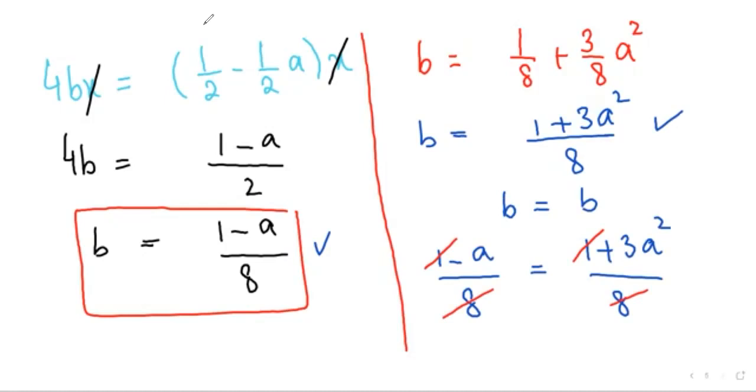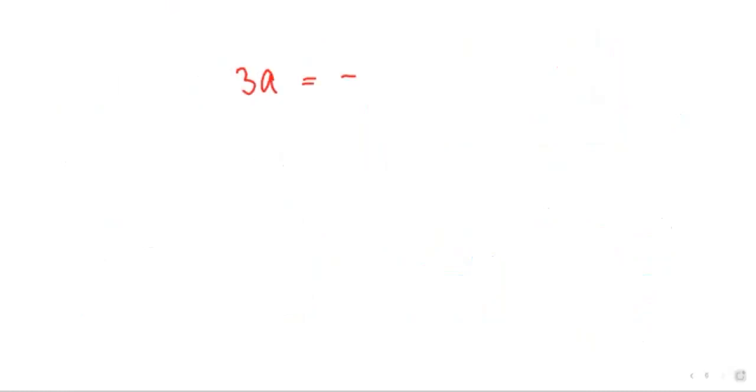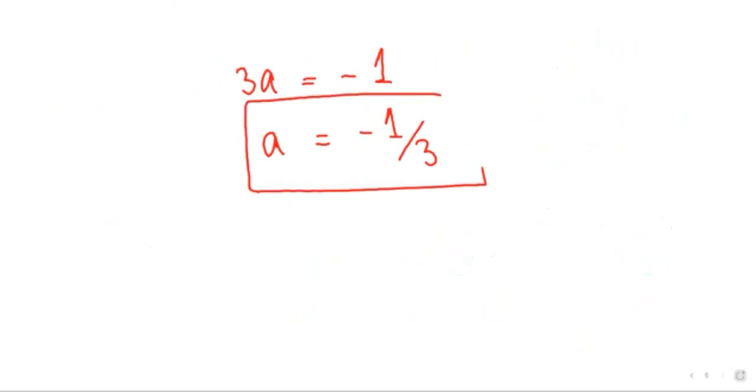So we are left with minus a equals 3a squared. So we can cancel out this a. So we have 3a, which is equal to minus 1. So we can say a is minus 1 over 3.